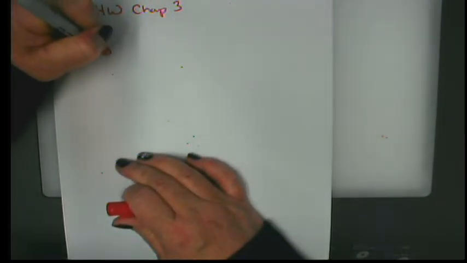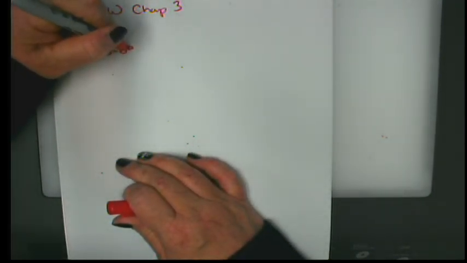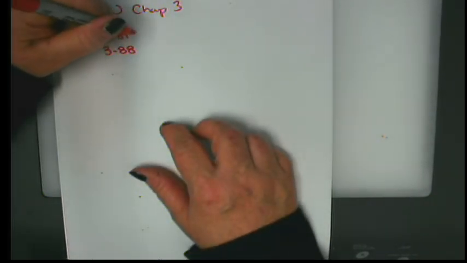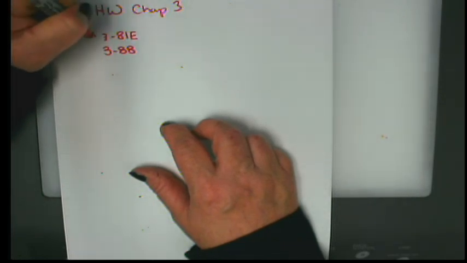Okay, this problem can be quite simple. 388, it's a really good problem for talking about the compressibility factor. I would like you to do 381E, and I'll just alert you, this is the kind of problem that you'll see on an exam, where I compare the one that made my other students so upset with me: the ideal gas equation, the generalized compressibility chart, and the refrigerant tables.